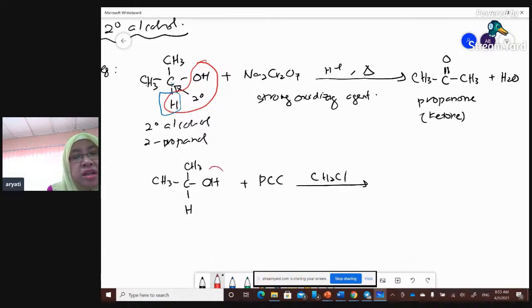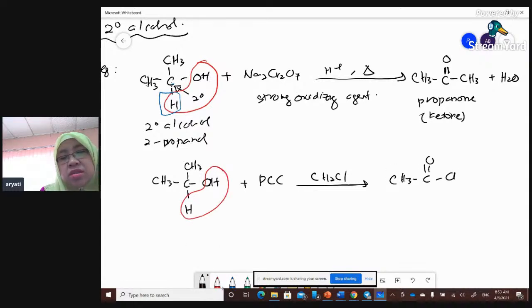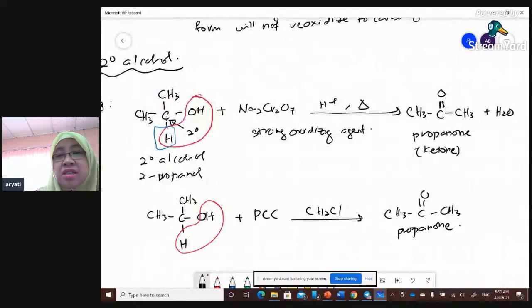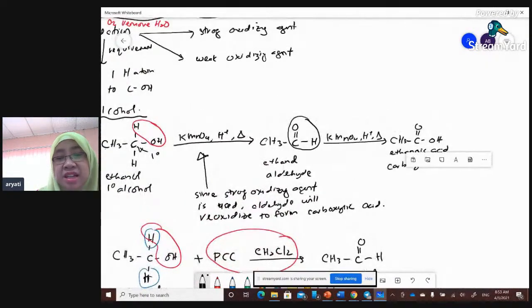So actually dia akan produce benda yang sama, CH3, C double bond O, CH3. Dia pun akan jadi ketone propanone. Kenapa aldehyde dia boleh reoxidize? Sebab aldehyde ni dia ada satu lagi atom H yang dia boleh tukar dengan oksigen. Okay, faham ke?